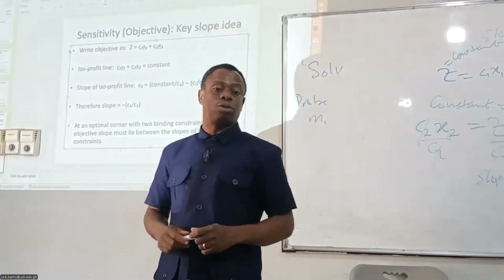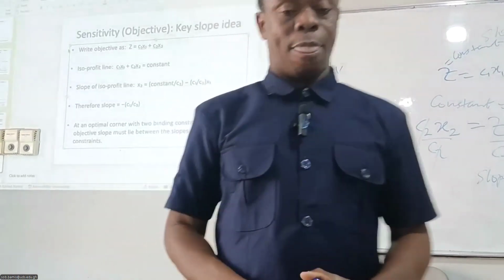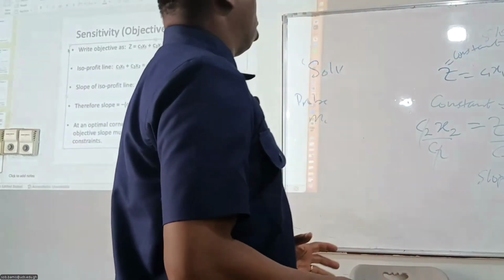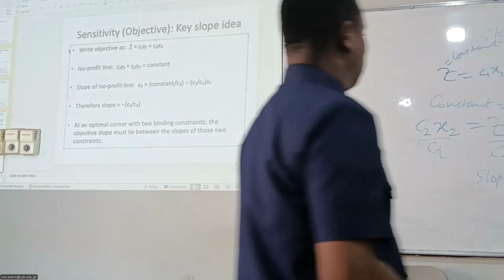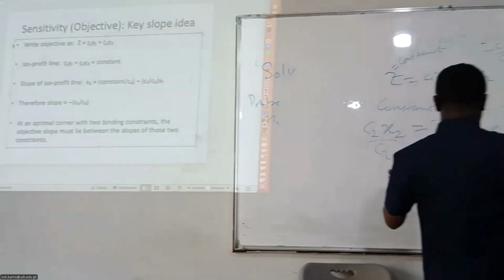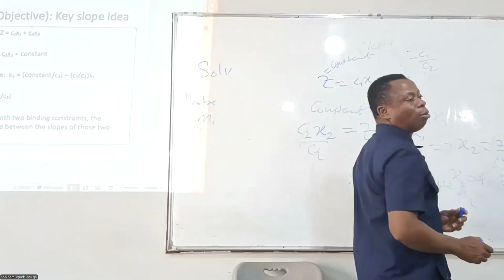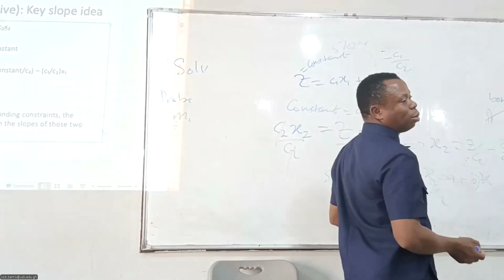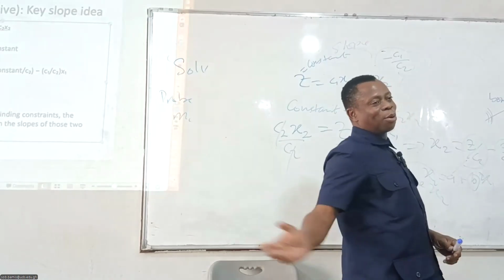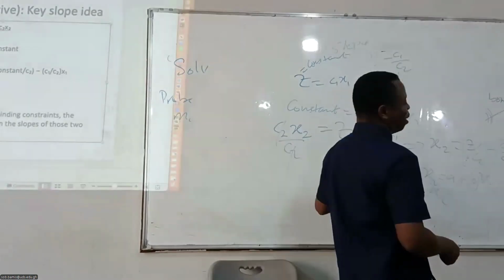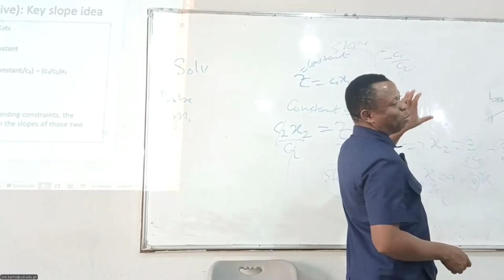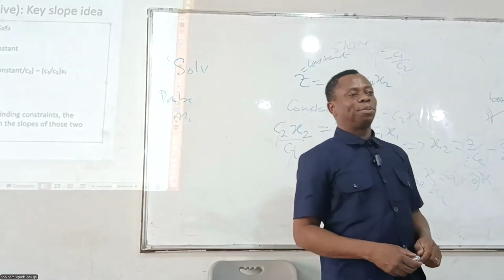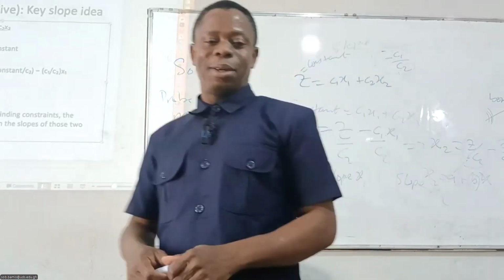In this case, the two constraints are binding. So how to solve the problem is that we find the slope of the first constraint and the slope of the second constraint, and just put this one in the middle. That's what the condition is. That's it.